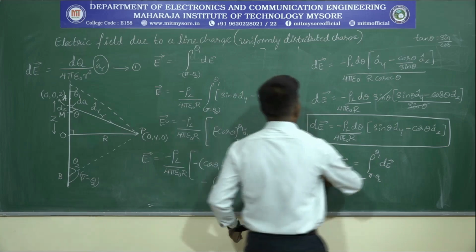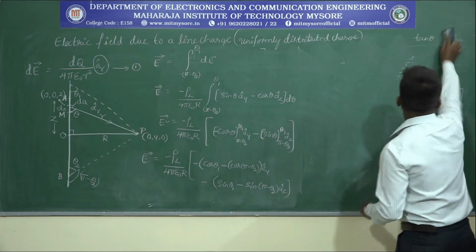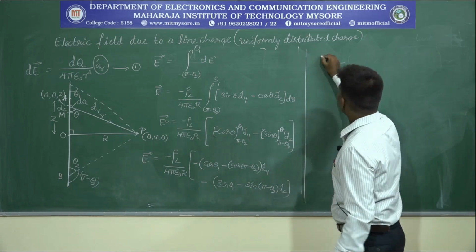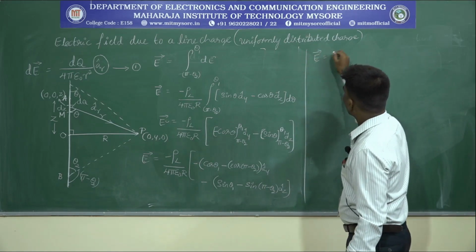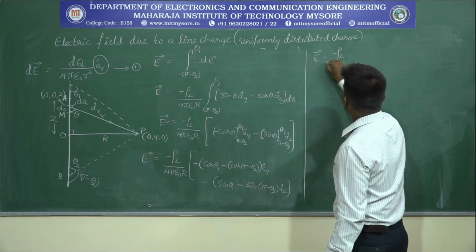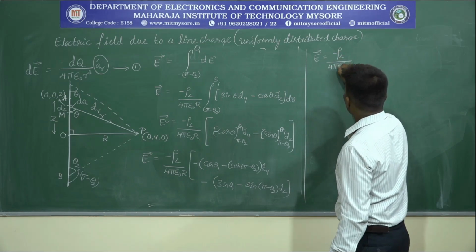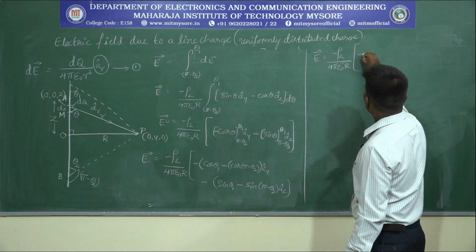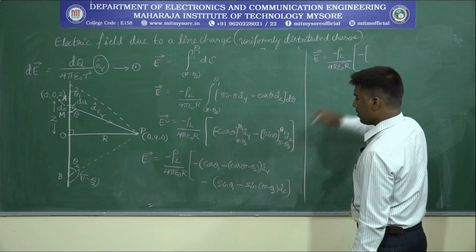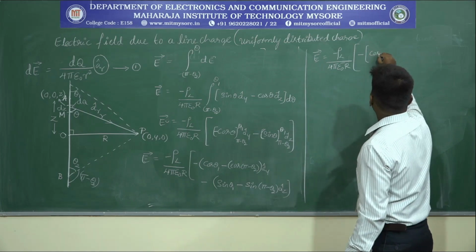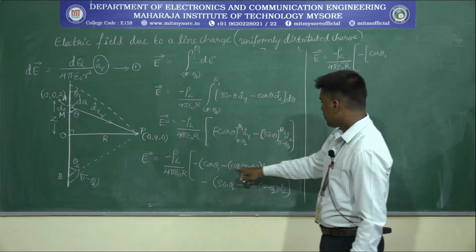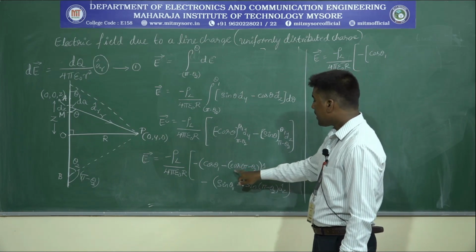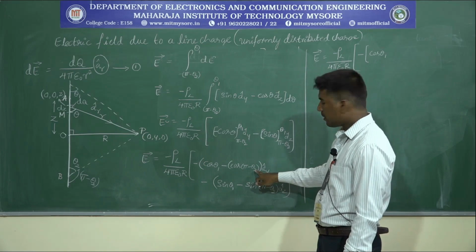This is the equation. So on solving this, E is given by minus rho L divided by 4 pi epsilon naught into r. Solve that equation. Take minus here, cos theta 1. So, what about cos of pi minus theta 2? Cos of pi minus theta 2 is minus cos theta 2, according to the trigonometric relationship.